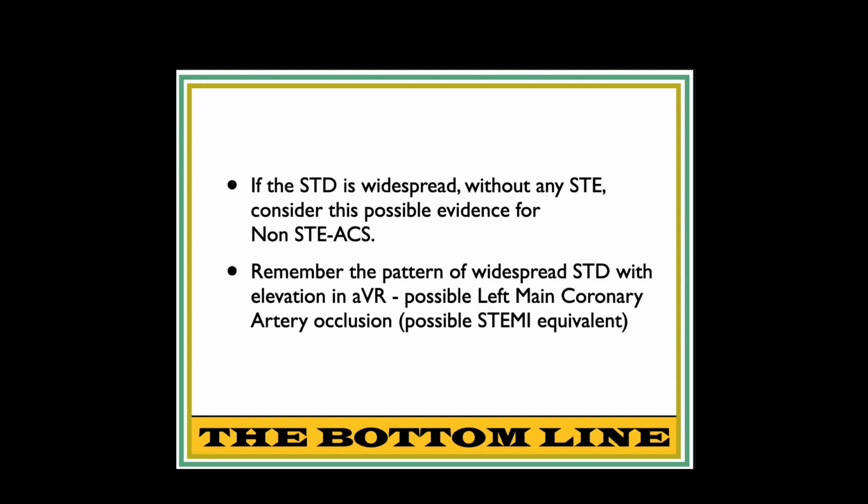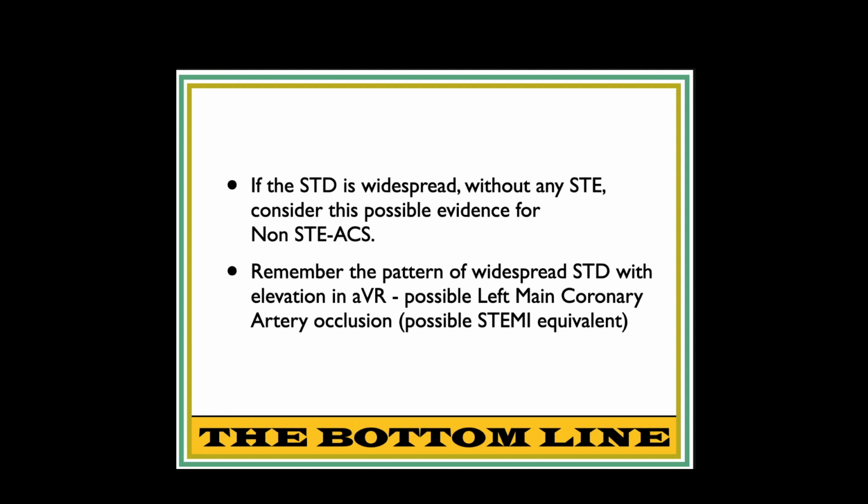If the ST depression is widespread without any ST elevation, consider possible evidence for non-ST elevation ACS, or if you want to call that possible NSTEMI, I'm okay with that. Okay? And then remember the pattern of widespread ST depression with elevation in AVR means that in addition to the possible NSTEMI, it could be left main coronary artery occlusion.